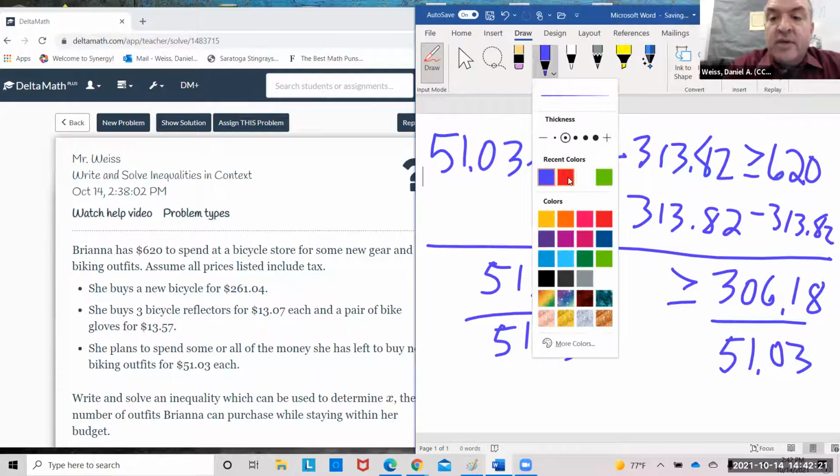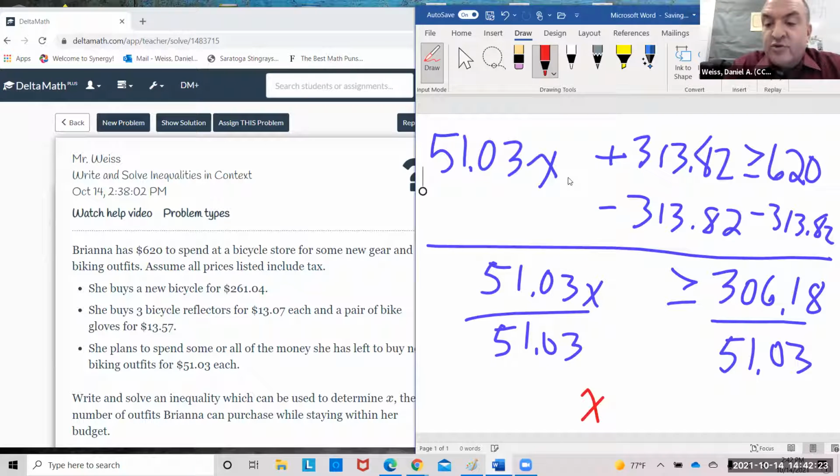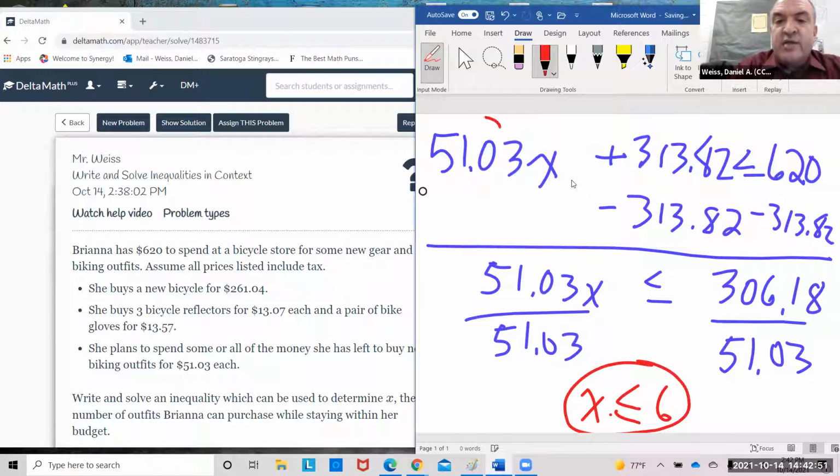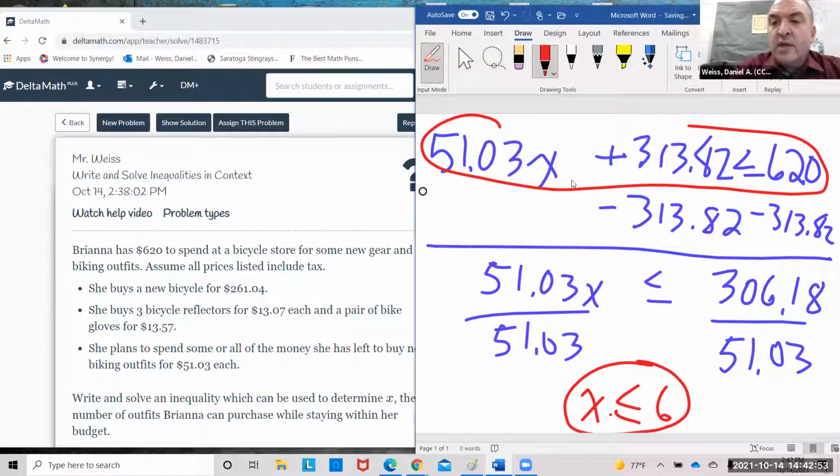There you go. So x is greater than, no. Why do I have greater than? She can't spend more than what she has. I'm going to apologize there. It's got to be less than or equal to. Your answer is going to be less than or equal to 6, okay? So there's your answer, and there's your setup.